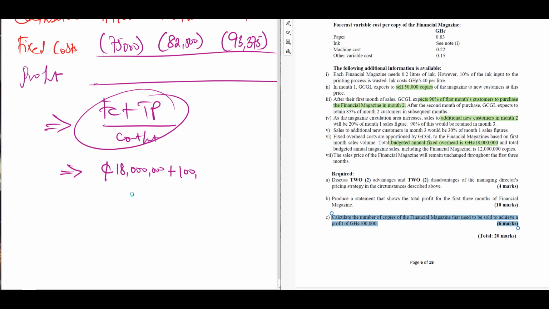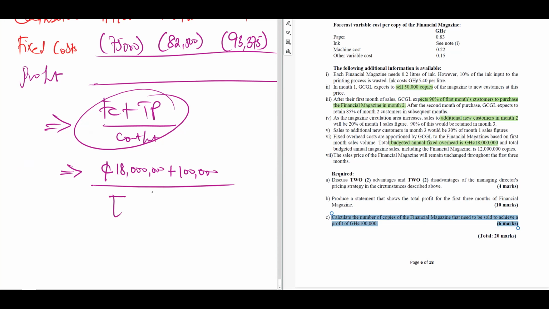On contribution, we know that our contribution is our selling price of 4.68 minus our $2.4, right? That's our contribution. So 4.68 minus 2.4, 2.28.